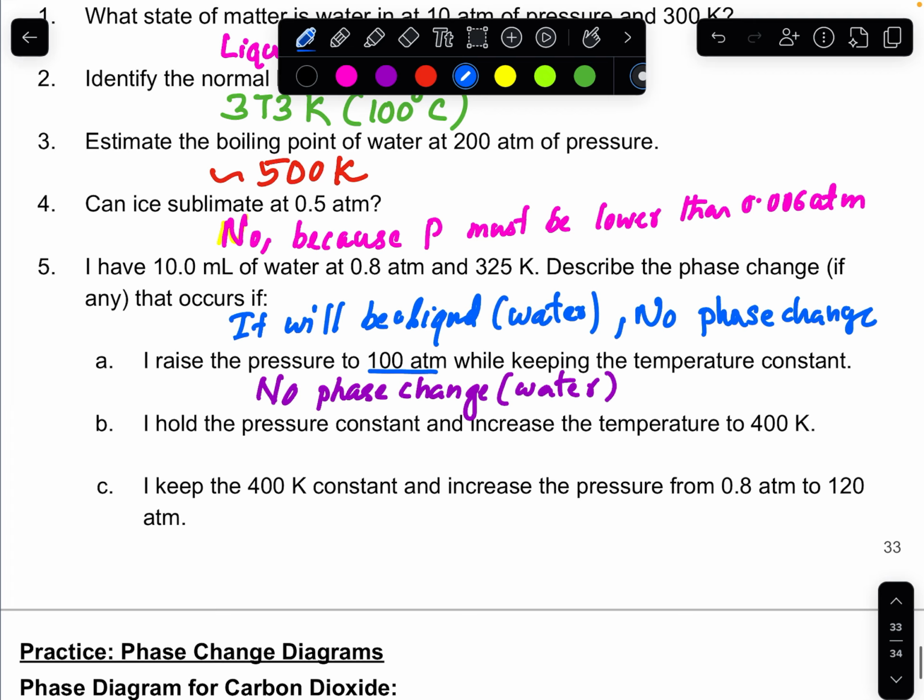We can say there will be a phase change. The liquid will convert into gas. That is called vaporization.